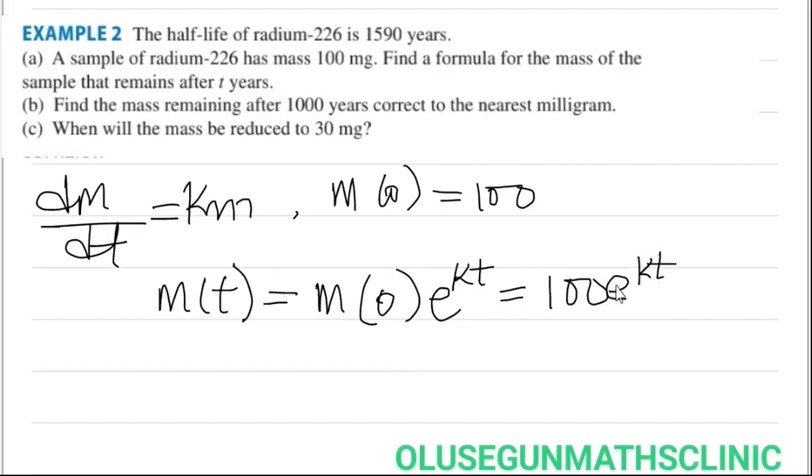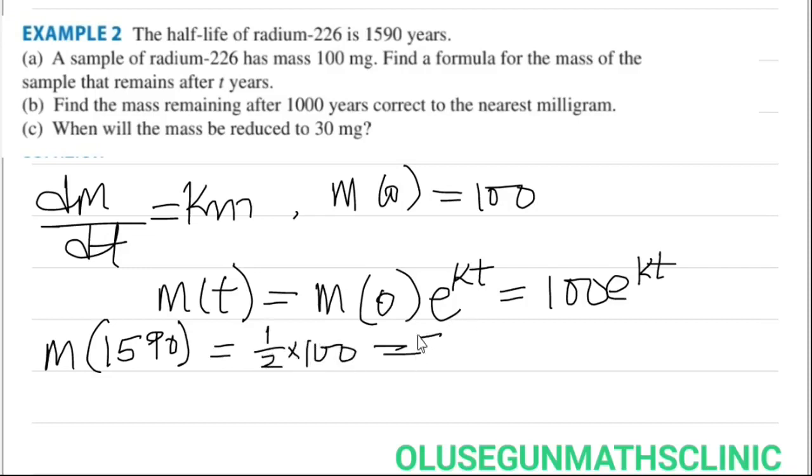But we still have to keep one thing in mind: at 1,590 years, the half-life, the mass of the sample will be 1/2 times 100, which is equal to 50.